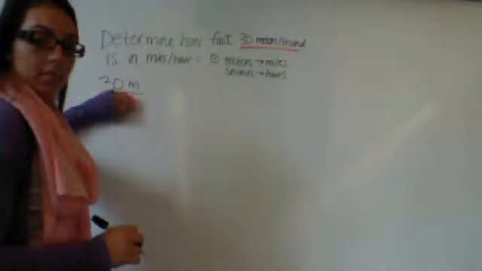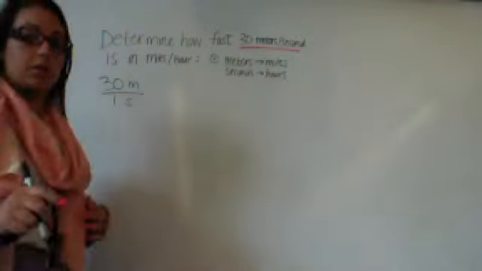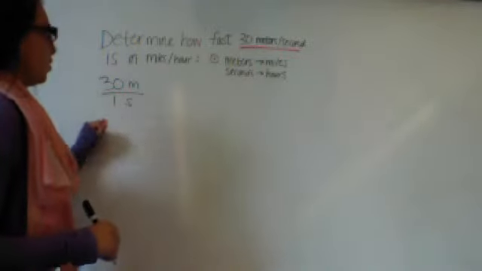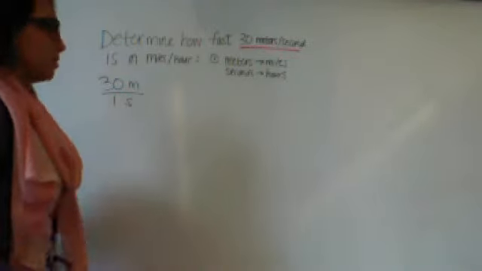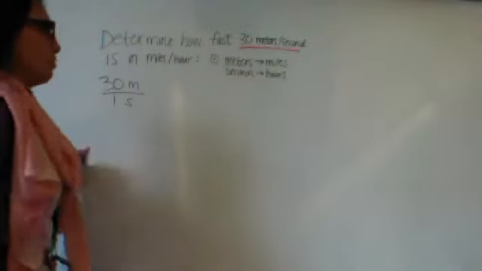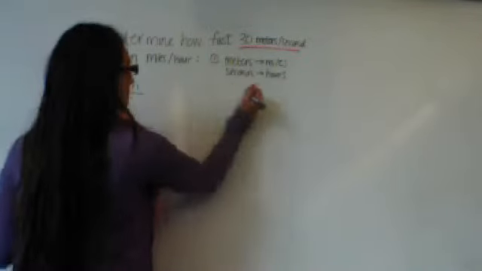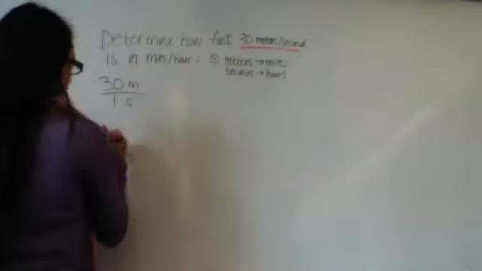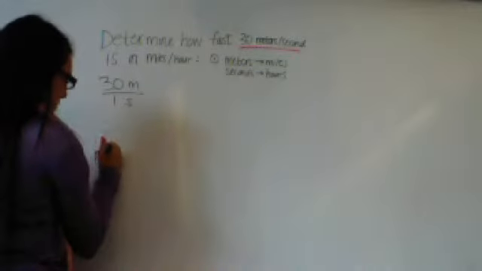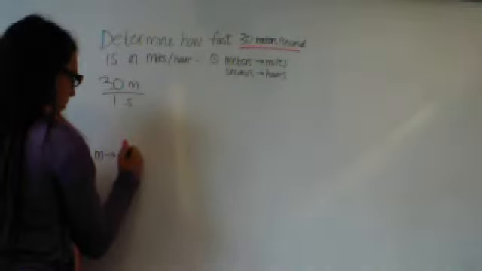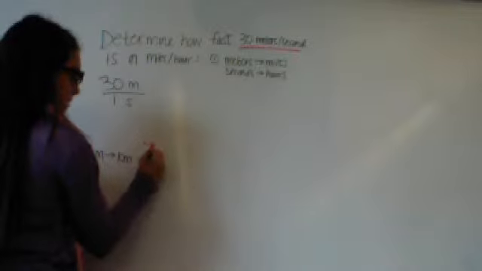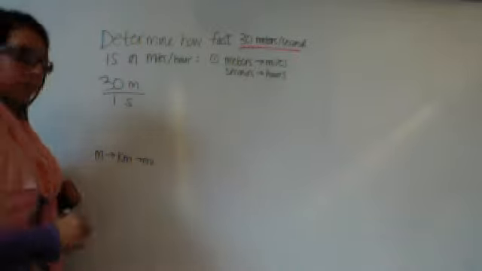Ignore what's on the bottom. Act as if we're just doing a single unit conversion. So 30 meters. We want to get to miles. So we can go from meters to kilometers and then to miles, because we know those conversion factors.